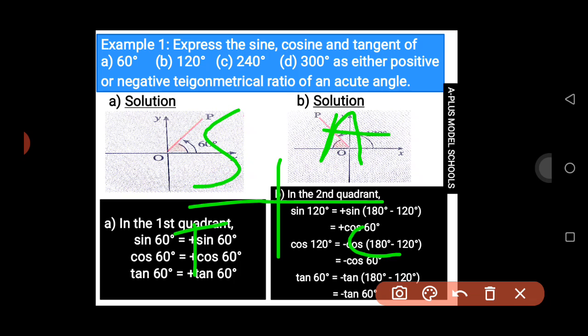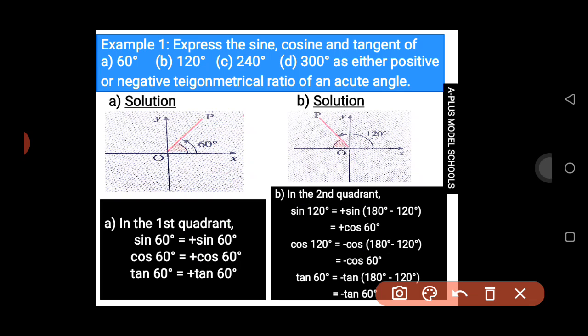It means in the second quadrant, only sine is positive. That is why sine 120 degrees will be plus sine, open bracket, the formula 180 degrees minus theta, where theta is the angle given to me here, which is 120 degrees. So that will give me 180 degrees minus 120 degrees, which is 60 degrees. So that gives me plus sine 60 degrees.